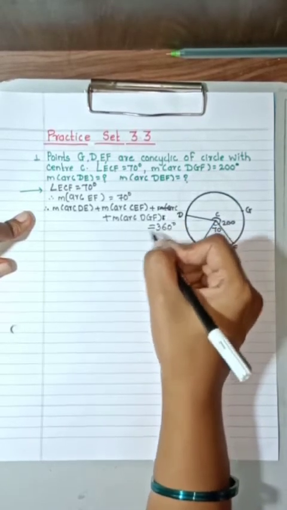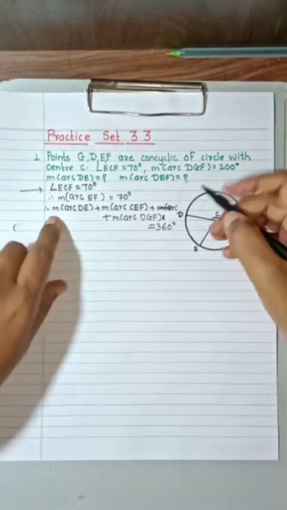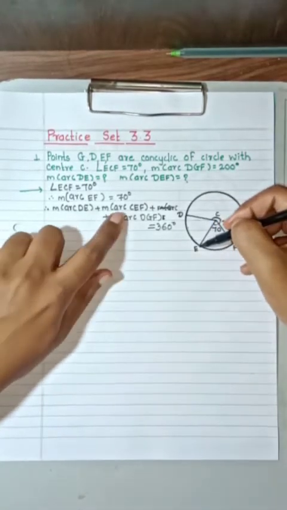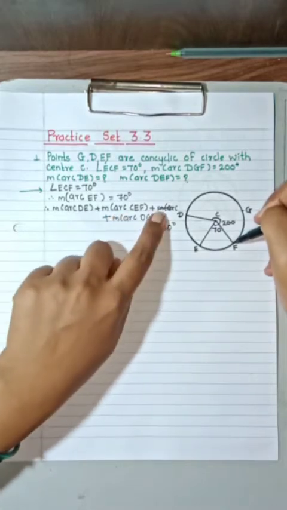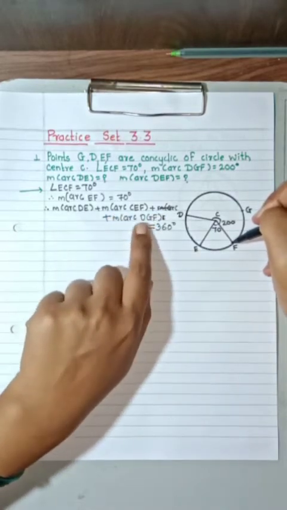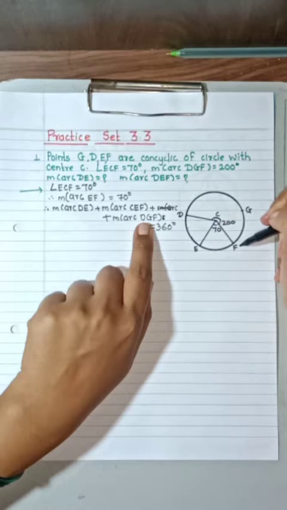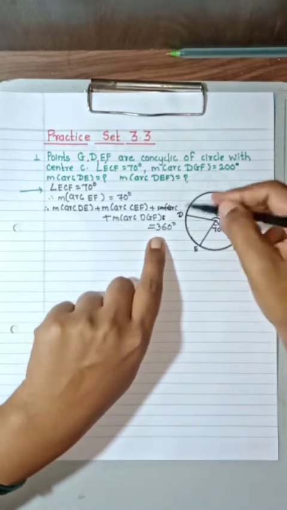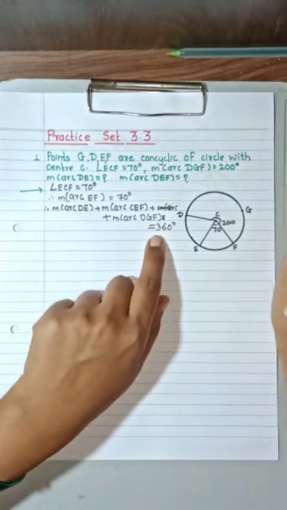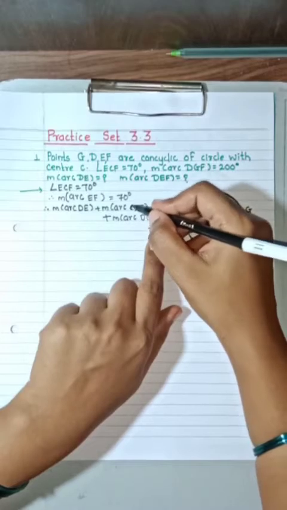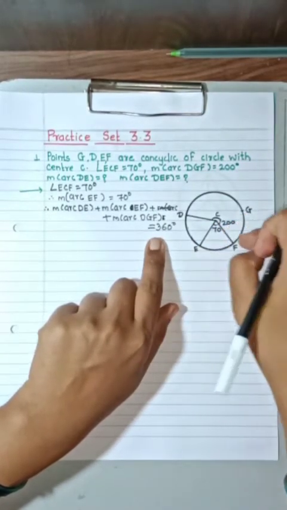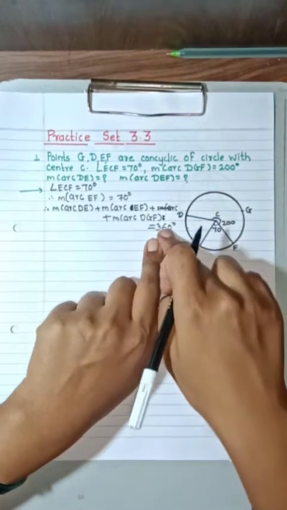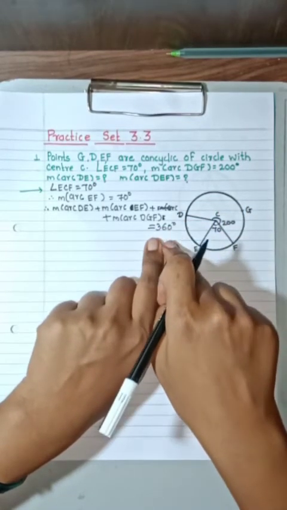I don't have place over here, so I have written it down. So see, arc DE plus arc EF plus arc DGF all together is equal to 360 degrees.